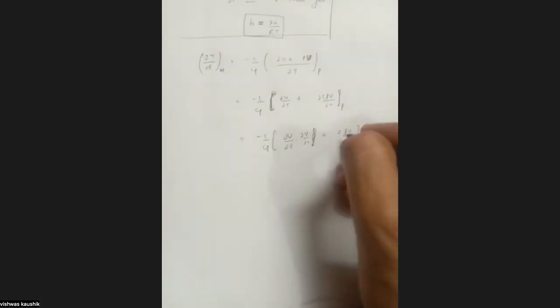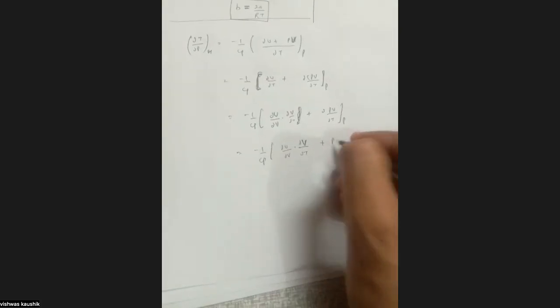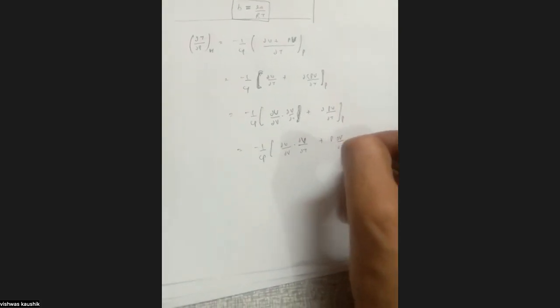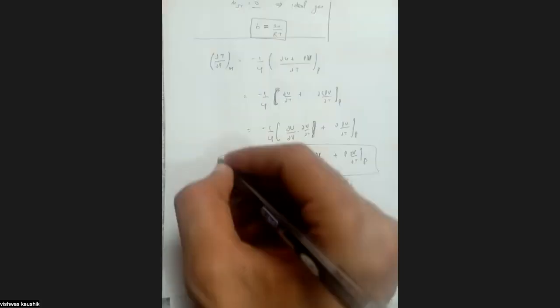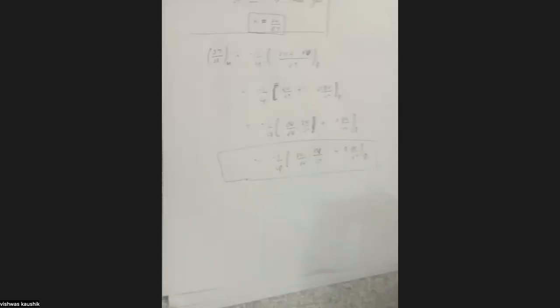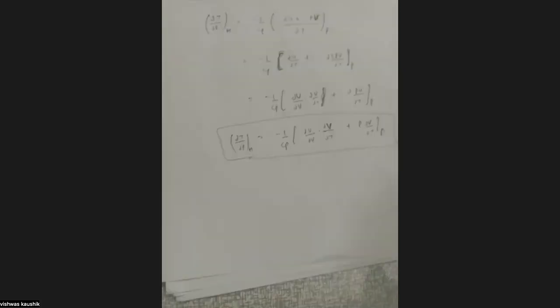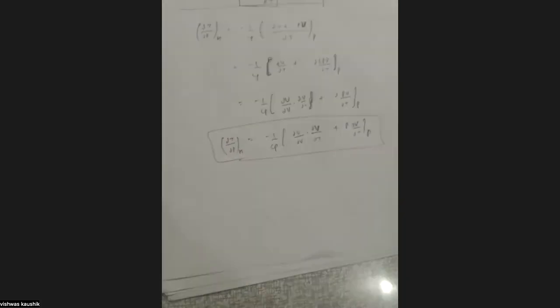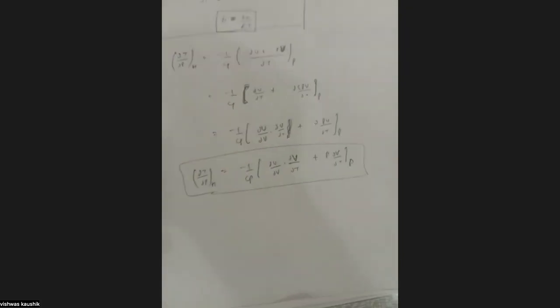So this is the Joule-Thomson equation. If the final temperature is above the inversion temperature, then TF minus TI will be greater than 0, the Joule-Thomson coefficient will be negative and there will be heating.